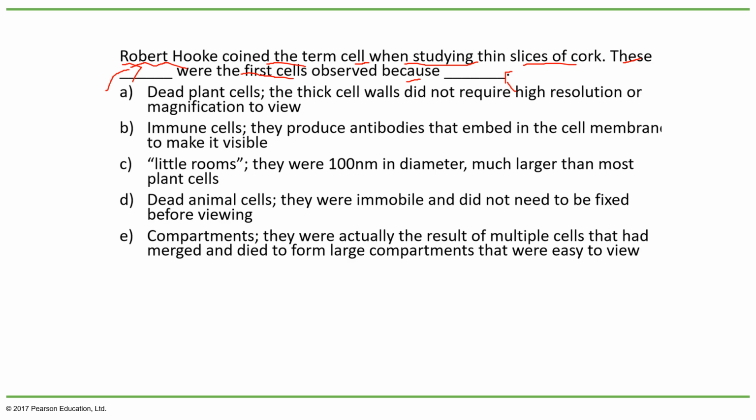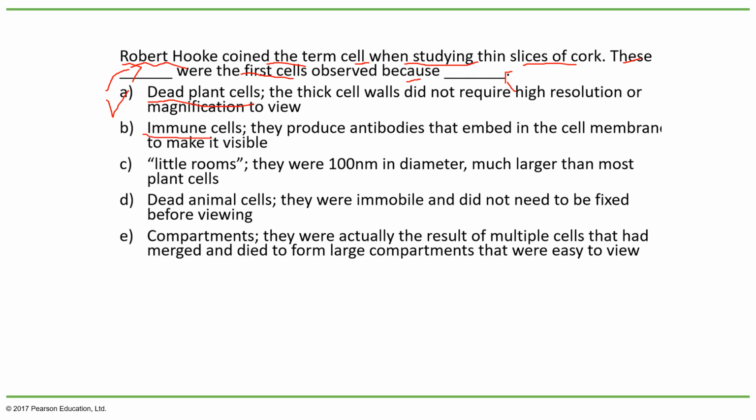I'm sure you stopped the video, but if you didn't, I will tell you that the first thing you need to do is discard options. Here they are talking about some characteristics of those cells. Here you see that those cells were dead plant cells. So this sounds good, since those were dead. The cork has dead plant cells.